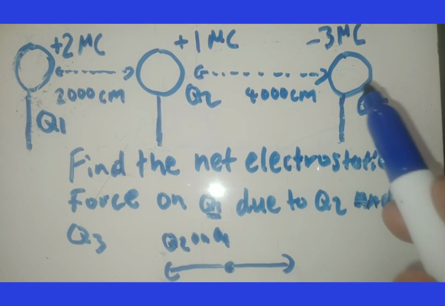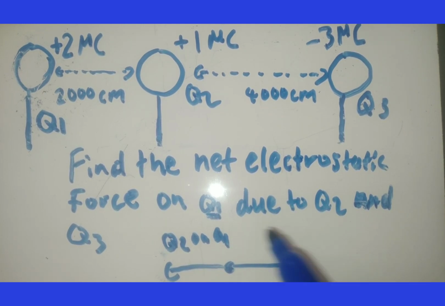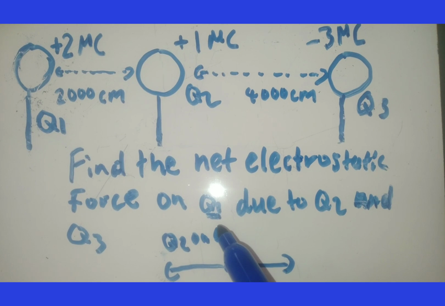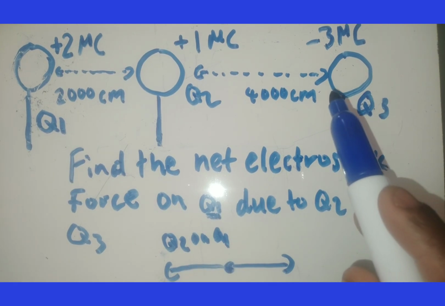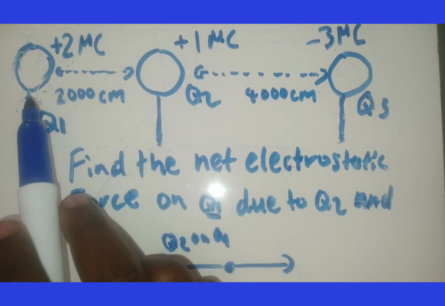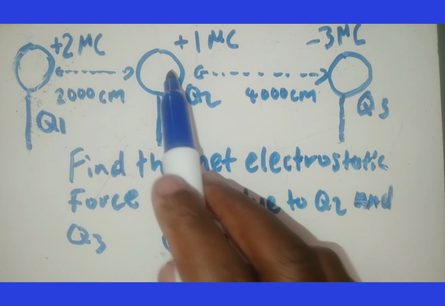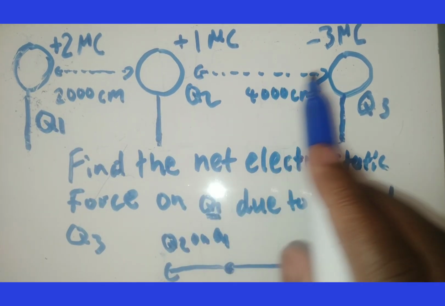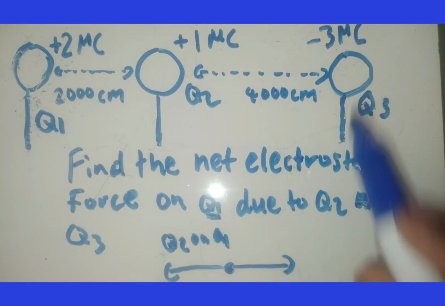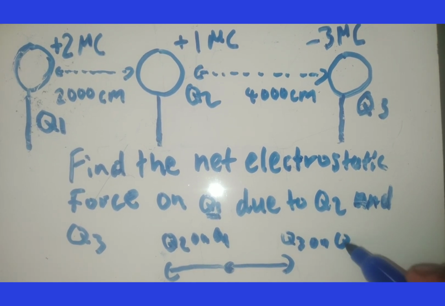But what we're interested in is Q1 due to Q2 and Q3. Q1 is experiencing a push away because of the repulsion force of Q2, and a pull due to the attractive force of Q3.